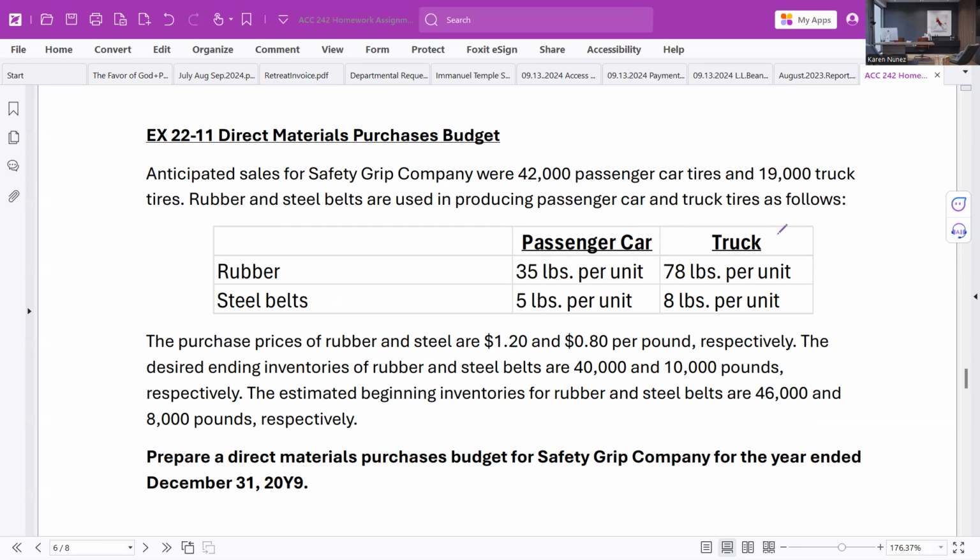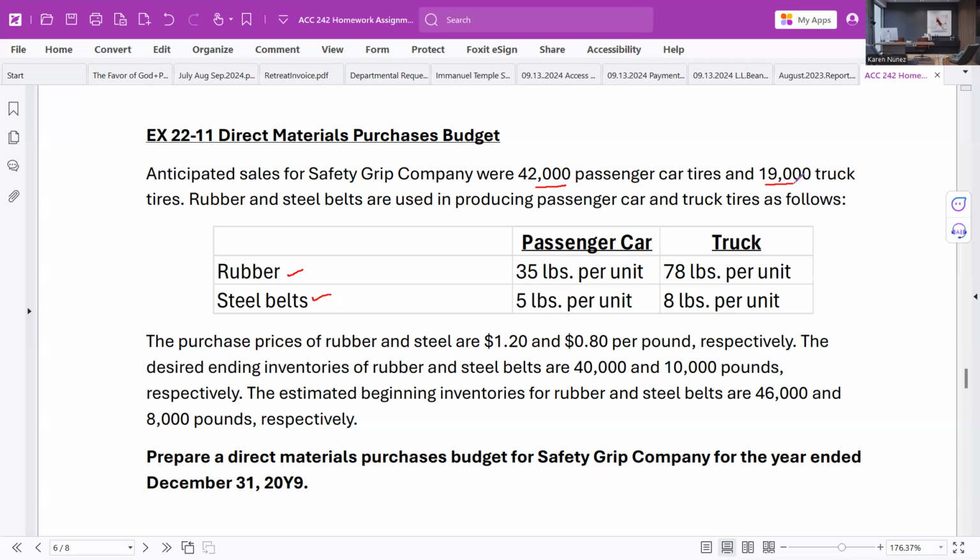Both of these products need tires, and they need rubber and steel belts for the tires. So given the need for tires, we have to make sure we have enough rubber and enough steel. We need 42,000 tires for the passenger car product, and we need 19,000 tires for the truck product.